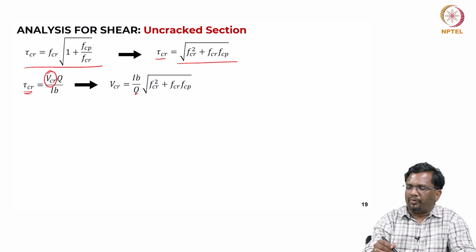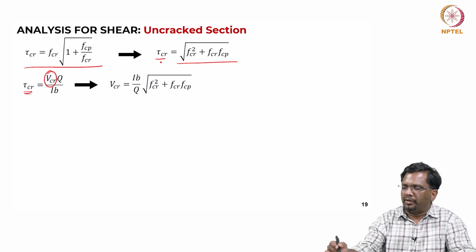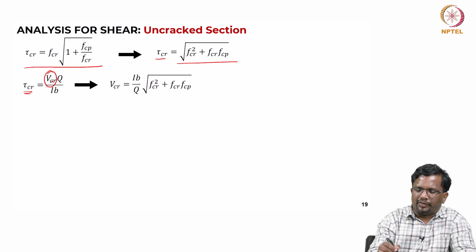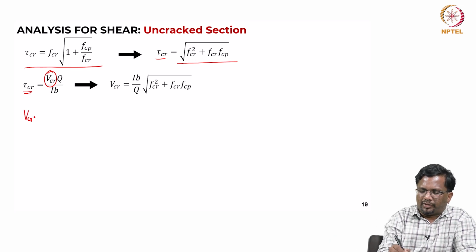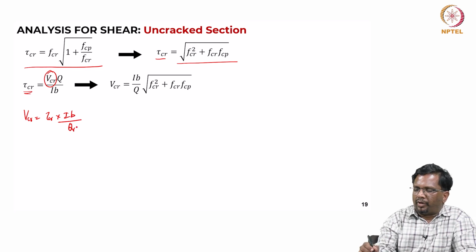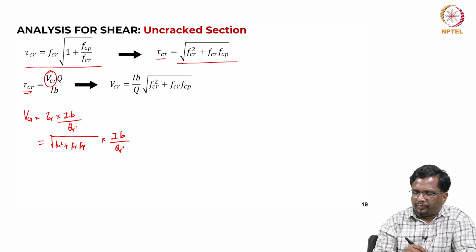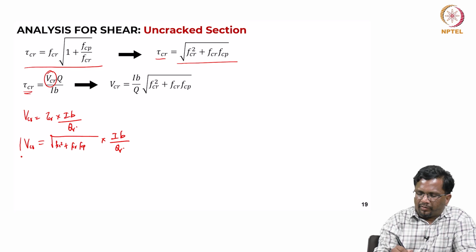Now, you know that tau CR is also basically this. So, basically VCR is tau CR into IB by Q. Now, you see what is tau CR? Tau CR as per this formulation is square root of FCR square plus FCR into FCP, into IB by Q, right. So, in this way I can find out an expression.